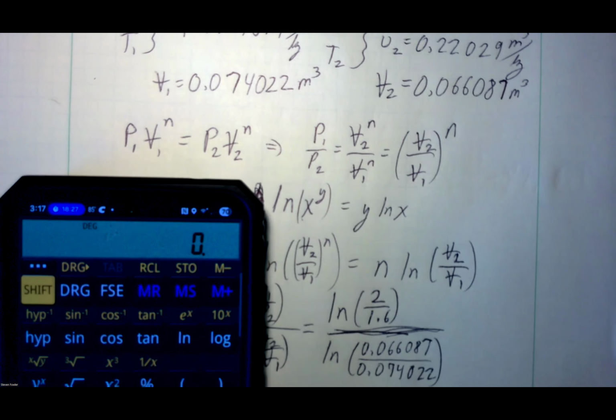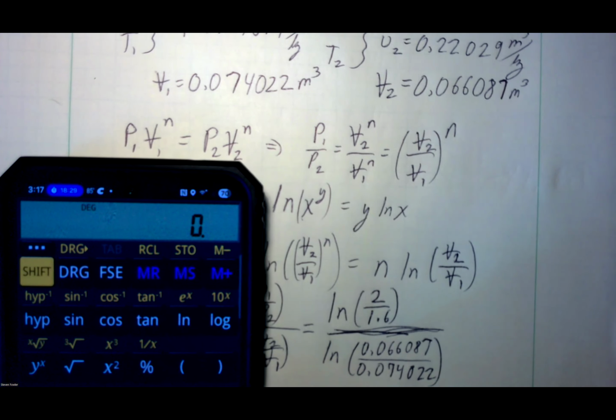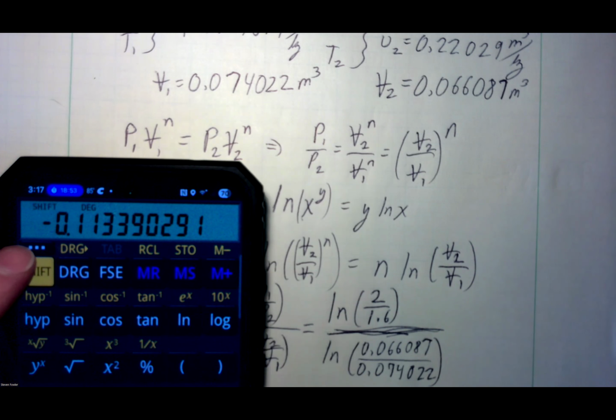Okay. I'm going to do the bottom first. I'm going to take 0.066087 and divide it by 0.074022. I'm going to take the natural log of that. Now I'm going to invert that. I'm going to take the reciprocal of that to move that to the top so I can multiply by that. I've got a simple calculator, so you've got to do some creative things.